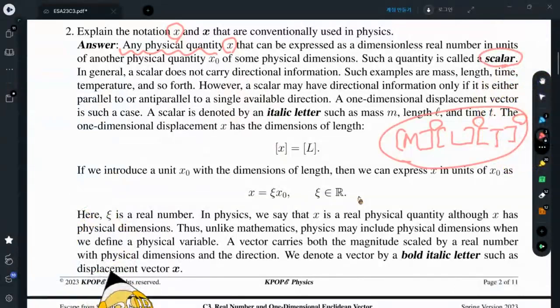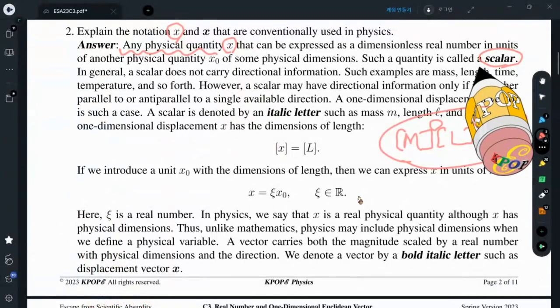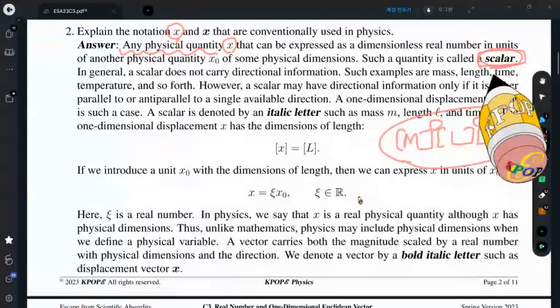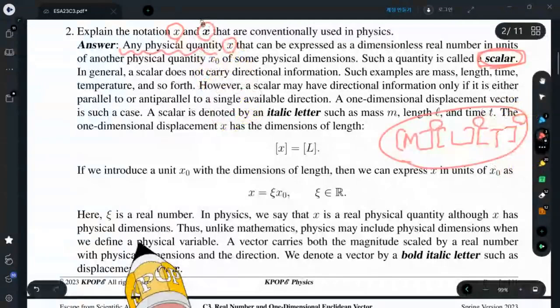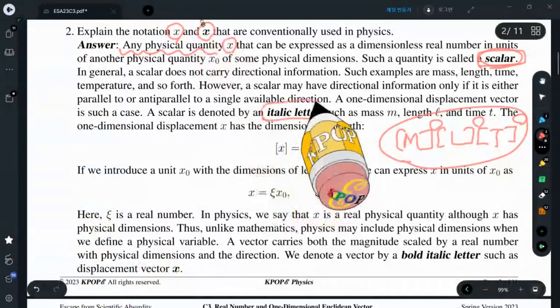If it is a physical quantity that has both its own magnitude and direction, then we say it is a vector, and it is denoted by a bold italic letter.